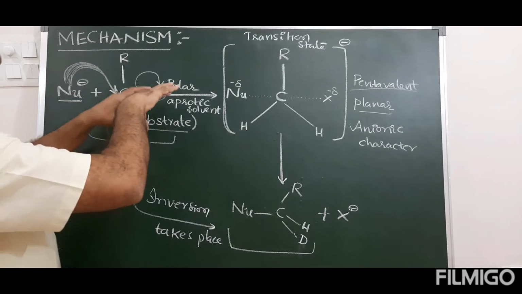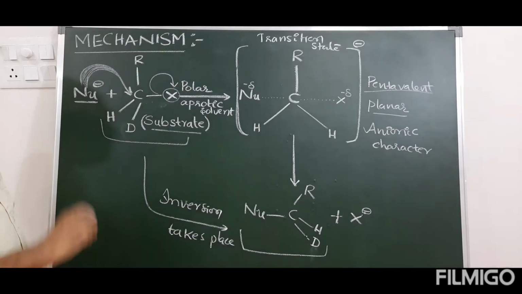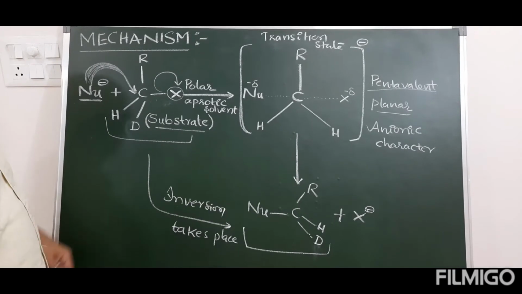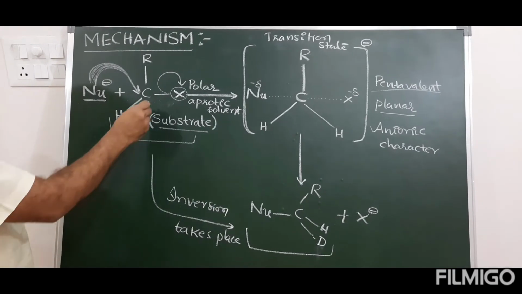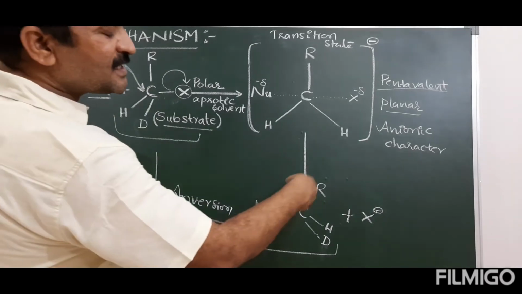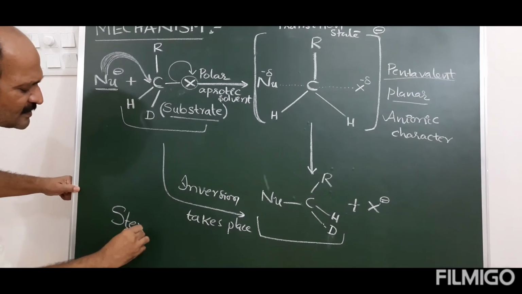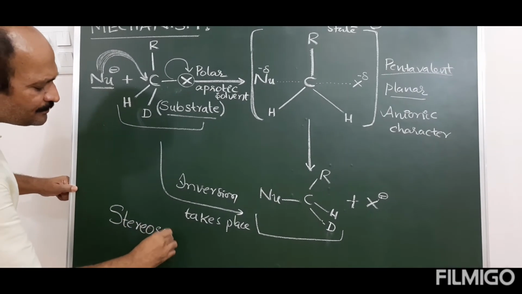Its configuration is inverted. That is called inversion, which takes place in this reaction. Whatever the configuration of the reactant, its configuration is inverted. That means the reaction is stereospecific.